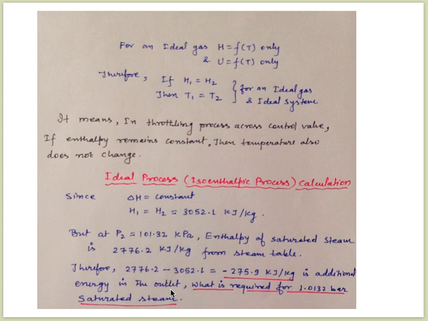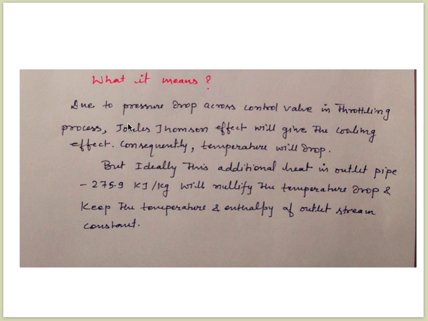So what will this additional energy do in the outlet stream, because saturated steam at 1 bar requires only this much energy? How will that energy be utilized in the ideal process?